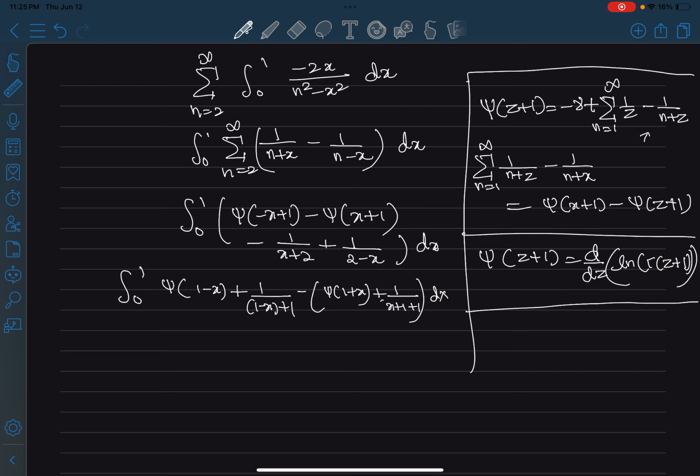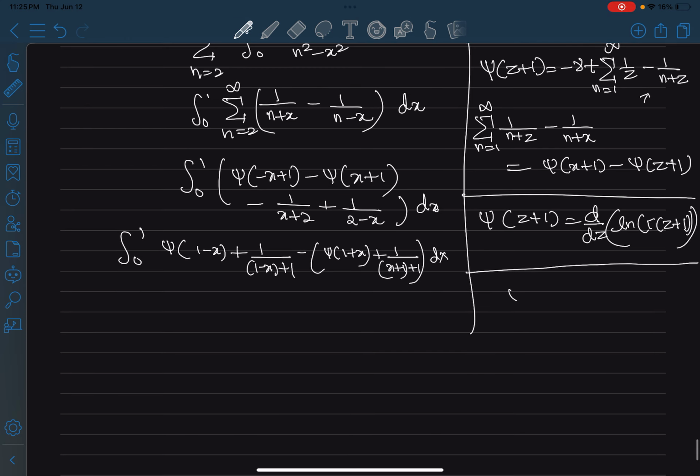And from here I should tell you that digamma of z plus 1 over z is just digamma of z plus 1, right?